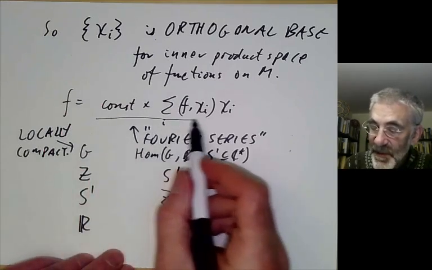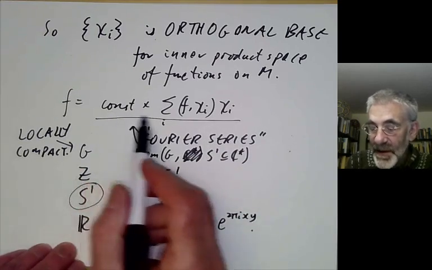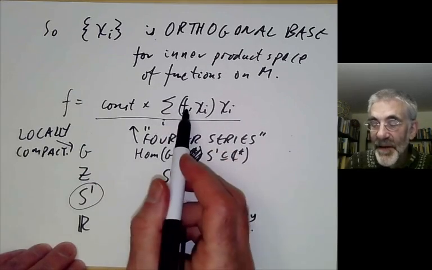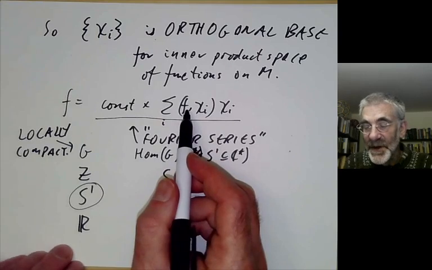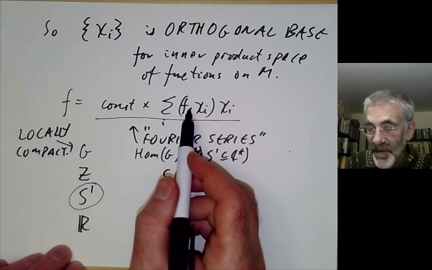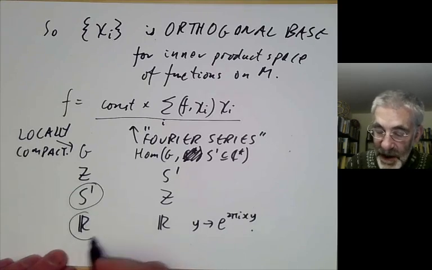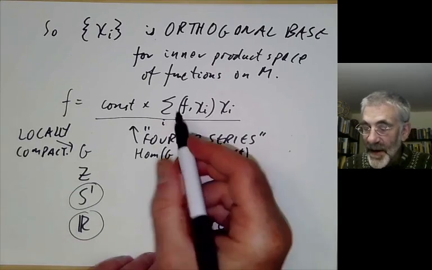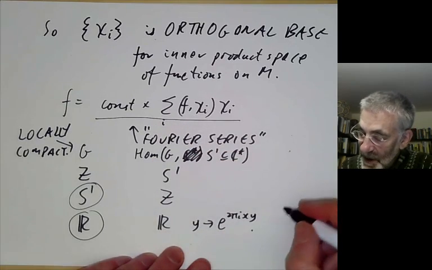And this expansion, in the case of functions on the group S1, turns out to be essentially the expansion of f as a Fourier series, and this is the usual formula for the Fourier series coefficients in a slightly disguised form. And similarly, if you take G to be the group of the reals, then this formula, if you replace the sum by an integral, turns out to be the Fourier transform.